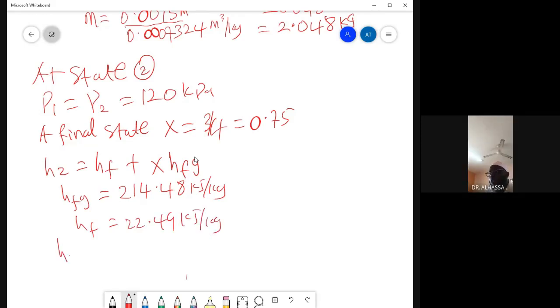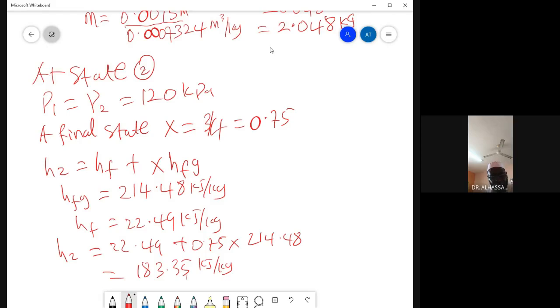So if you substitute into the equation, h2 equals 22.49 plus 0.75 times 214.48. Eventually this gives 183.35 kilojoules per kilogram. So that is h2.